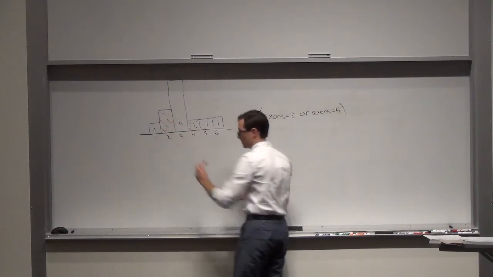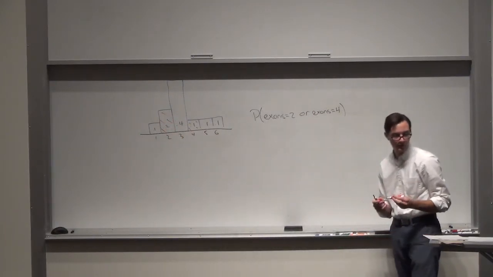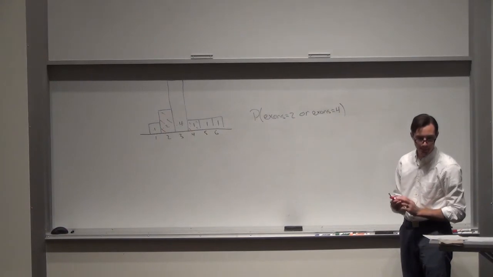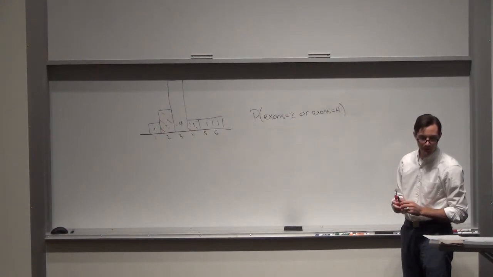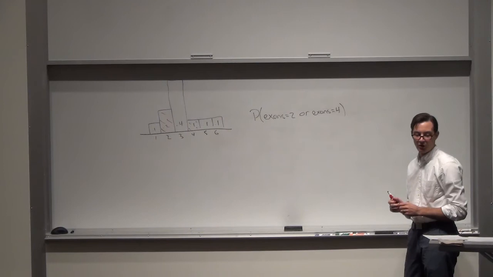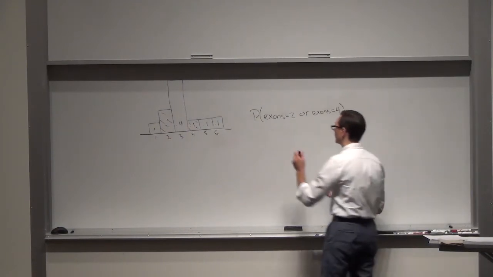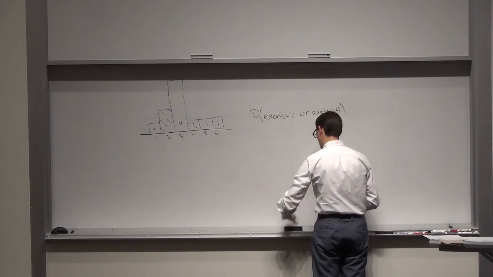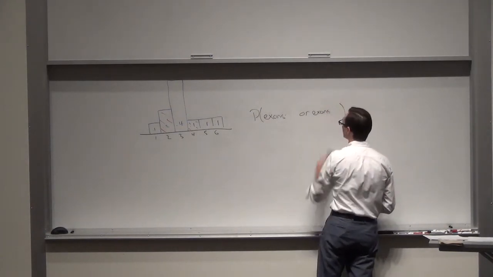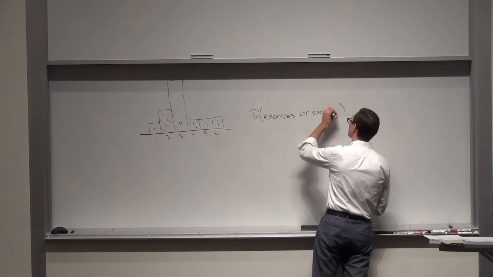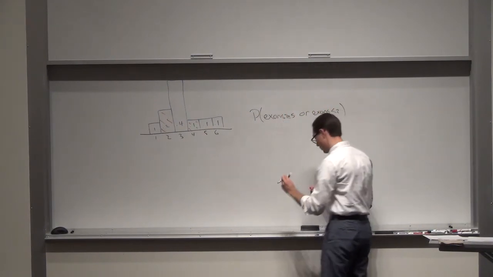0.3. Okay. What about the probability that exons are greater than or equal to 5 or less than 2? Where am I going to mark that?